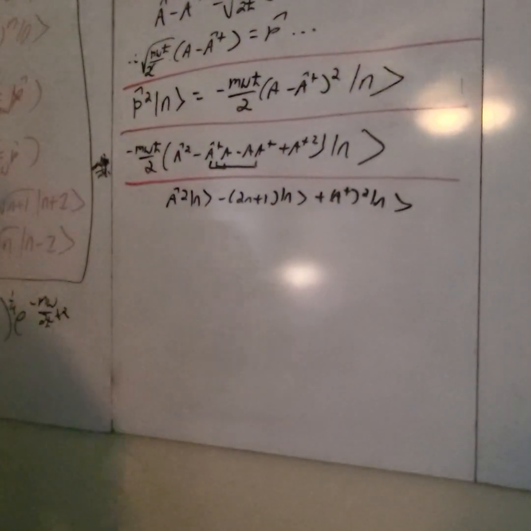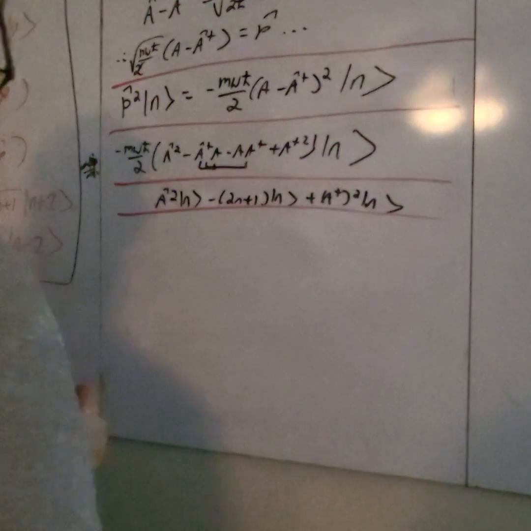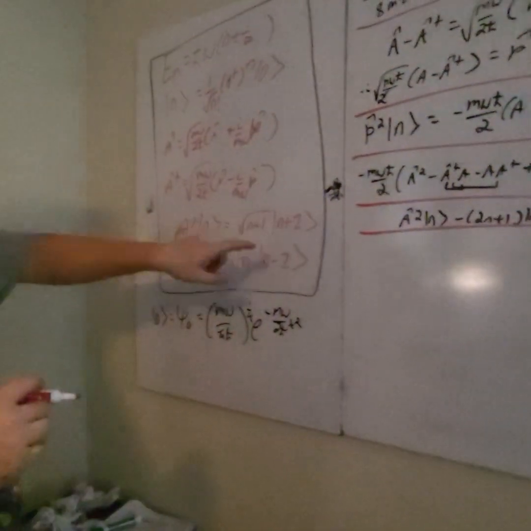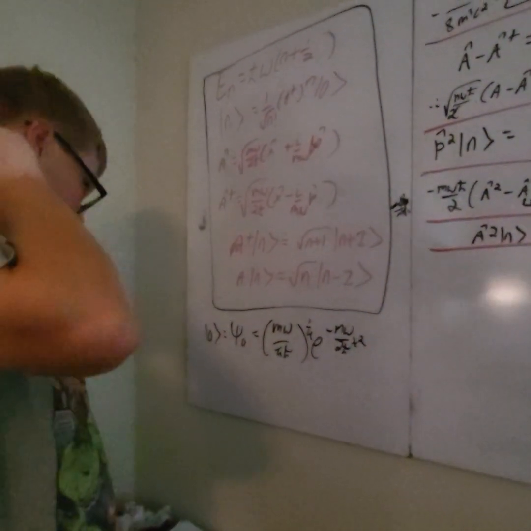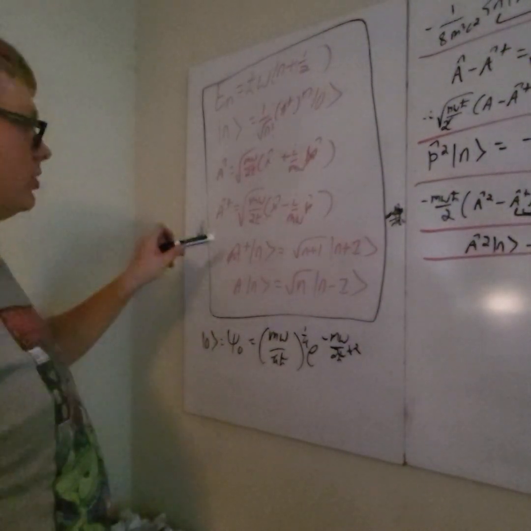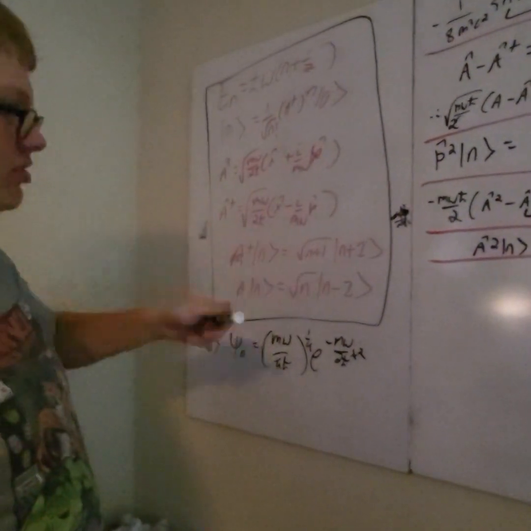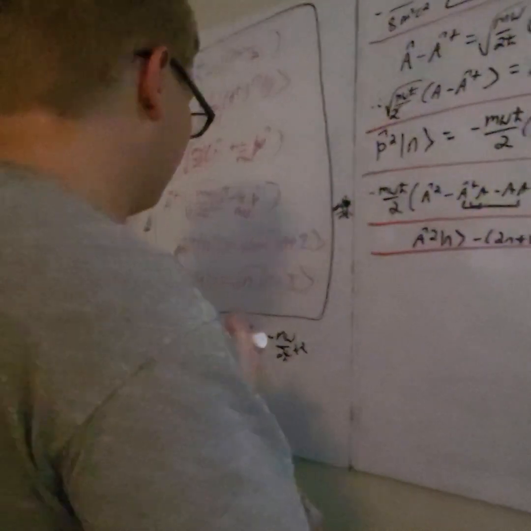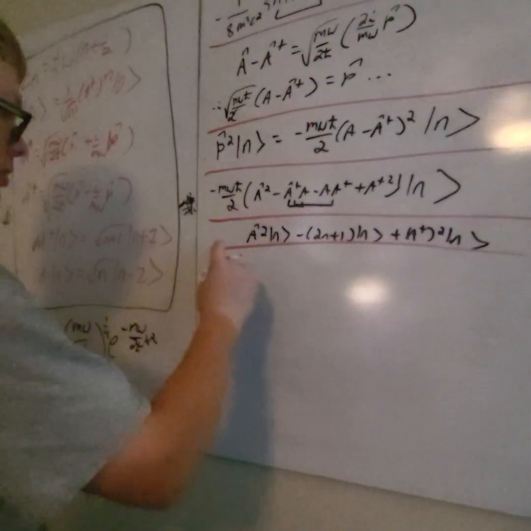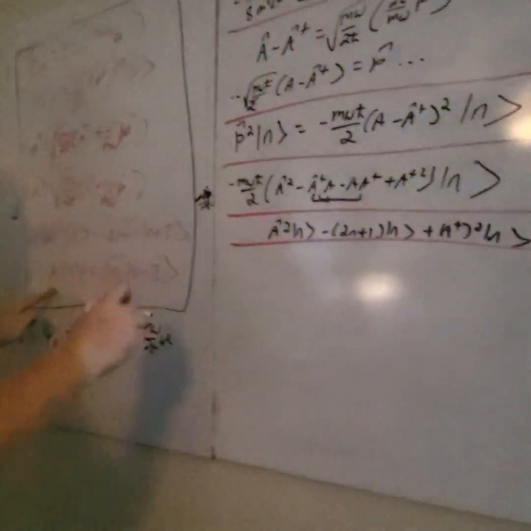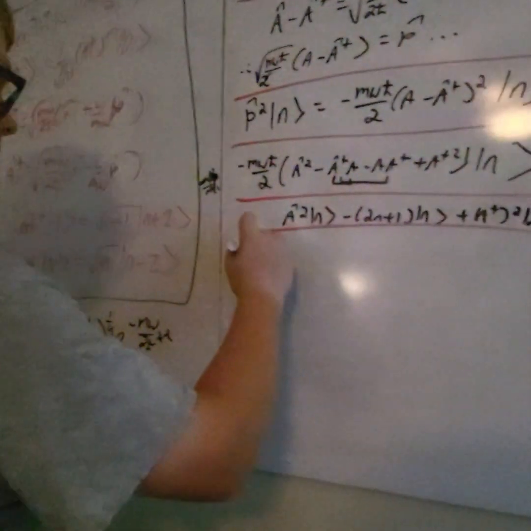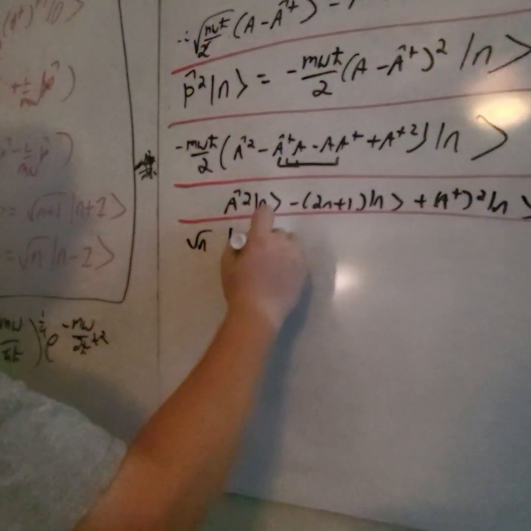All right. Now here's where these relations of how the creation and annihilation operators act on a state come in handy. Because when you act with a on the state n, you're going to get square root of n times n minus 1.